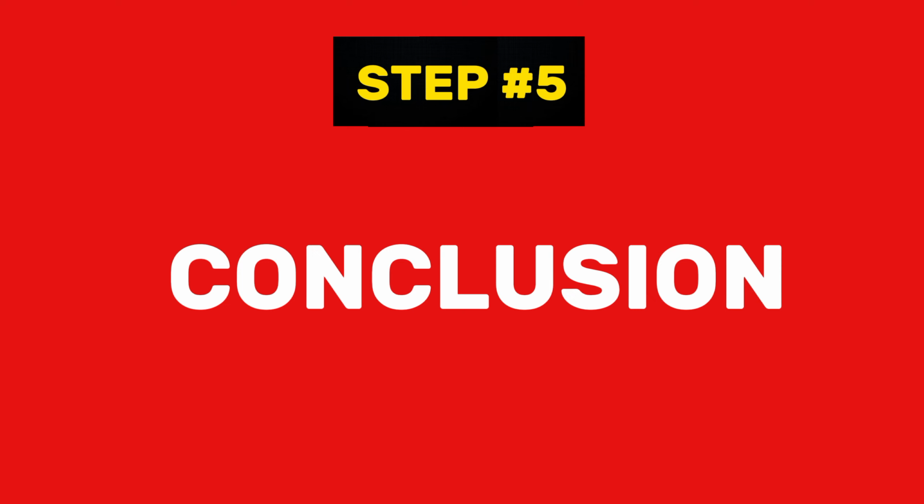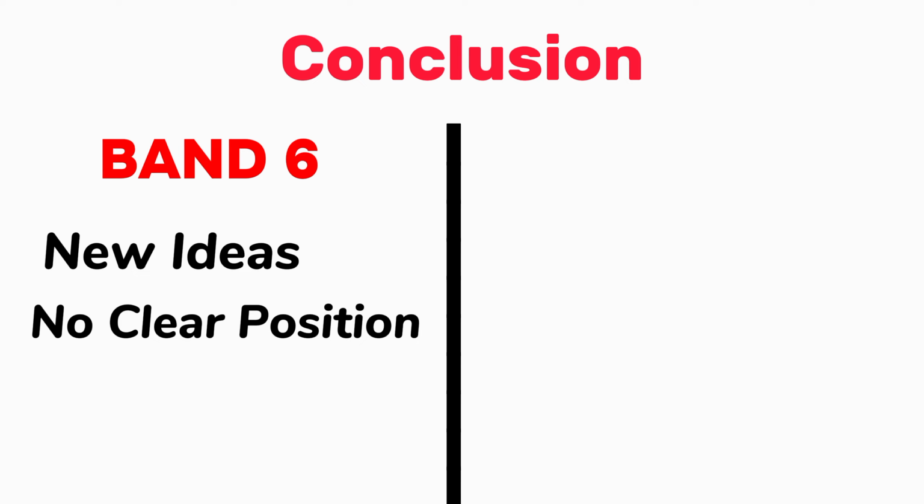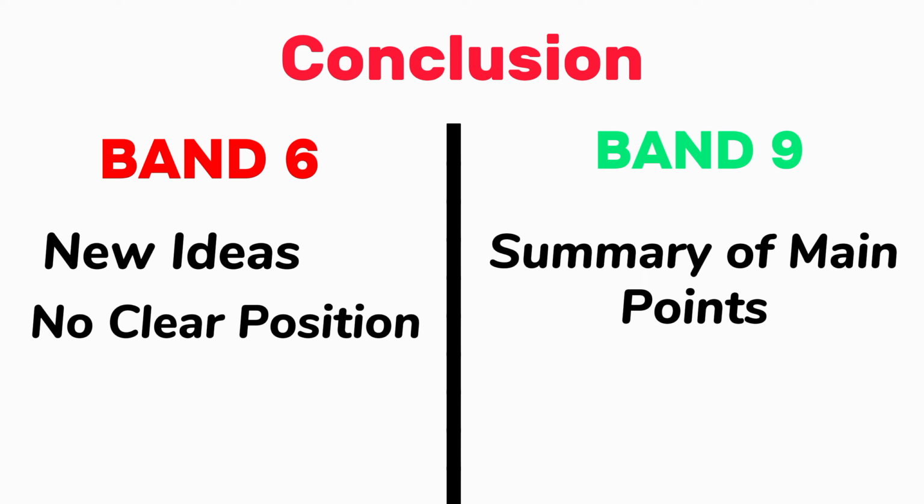Finally comes the conclusion. Here a band 6 student uses new ideas, those ideas that were not mentioned in both of the body paragraphs. And again, he doesn't have a clear position, like he doesn't state whether he agrees or disagrees. Whereas a band 9 student writes a summary of both of the body paragraph points.